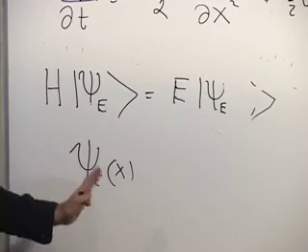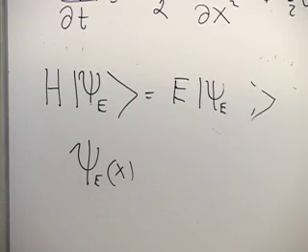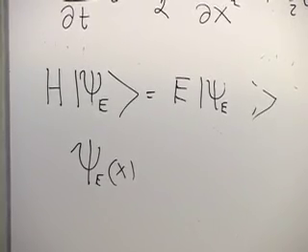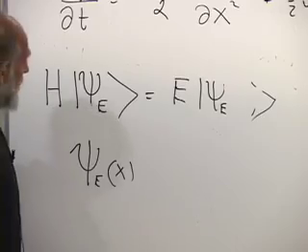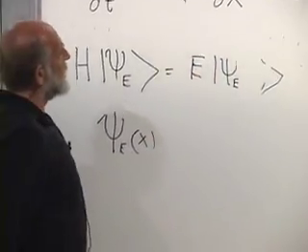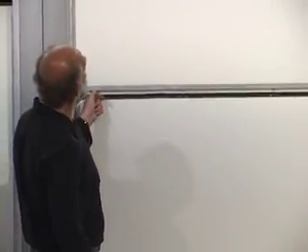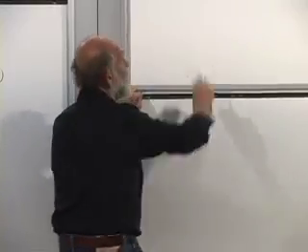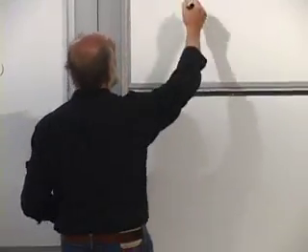I'll show you why in a minute. I'll show you why it picks out a certain subset of values of E as possible energy levels. Okay, but let's write this equation now in terms of psi of x, not as an abstract equation, but as an actual equation for psi.